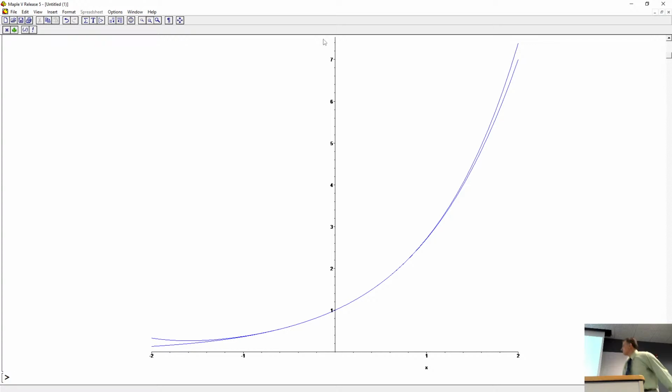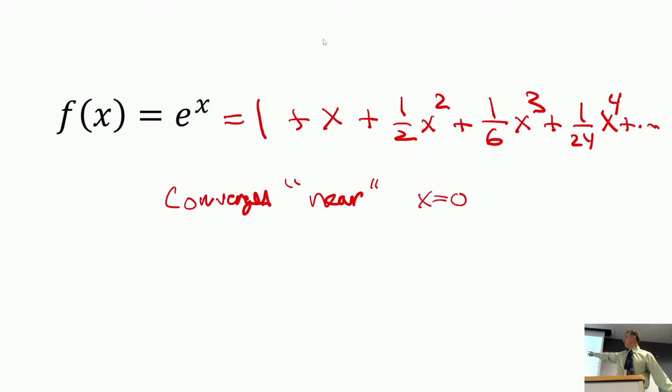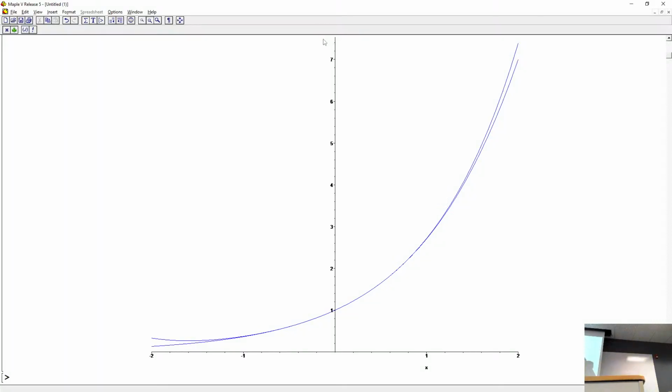Okay, so you can kind of see, but it's harder to distinguish the two, and it's because when you're close to 0, this is the polynomial that we have. That polynomial on the right is this curve.